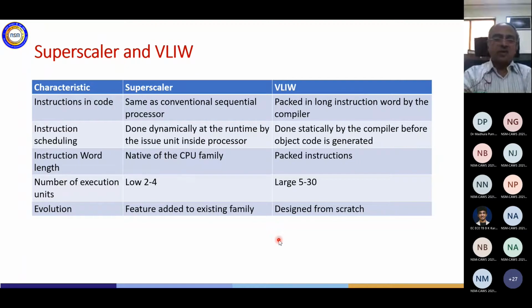In fact, one of the disadvantages of VLIW is the scheduler. Remember, the scheduling is done by the compiler. The compiler will assume some average delay. But because it is average, actual access could be faster, or actual access could be slower.